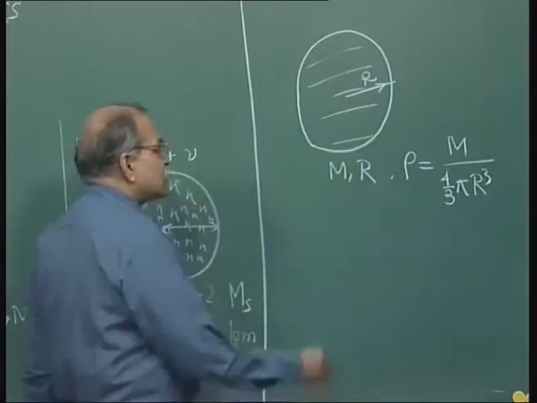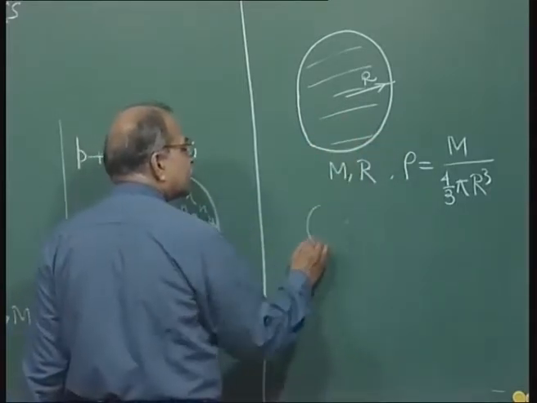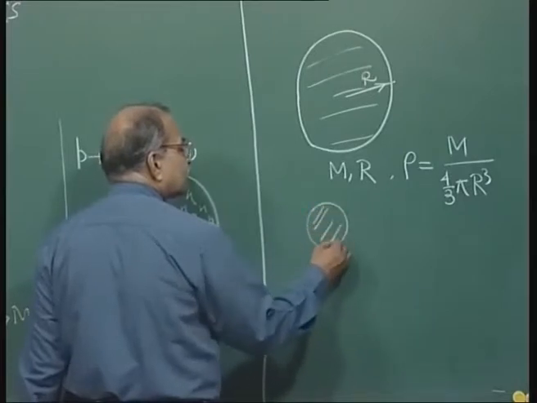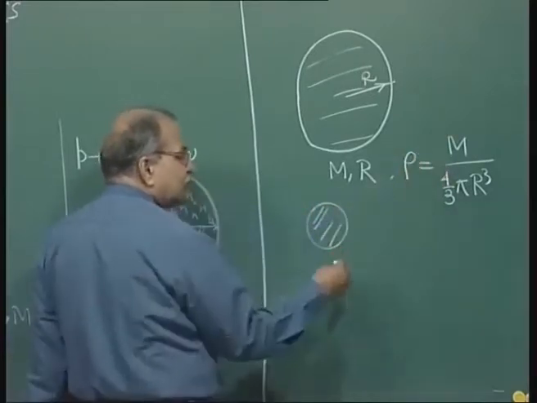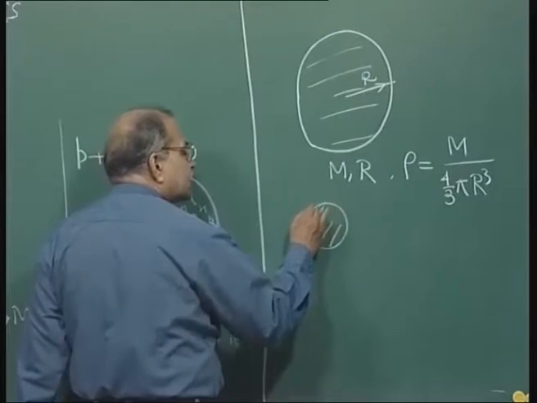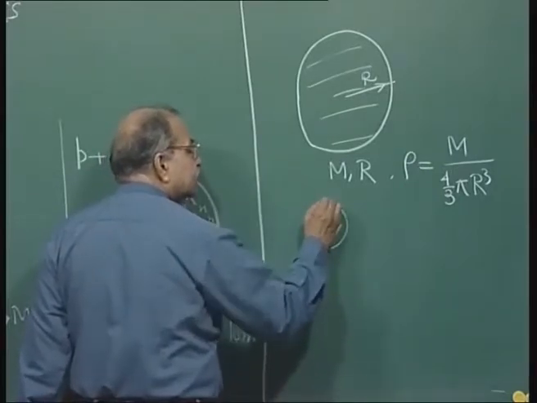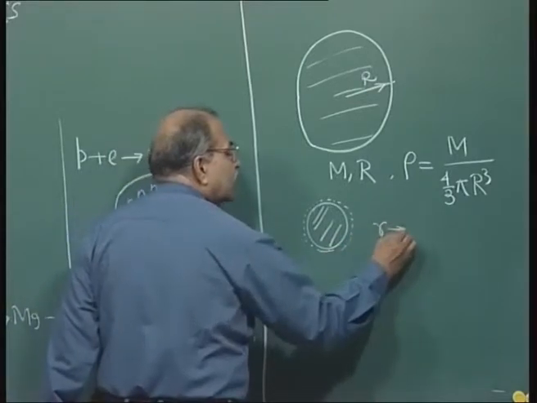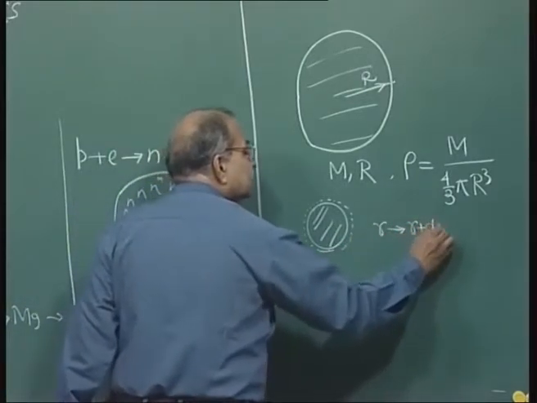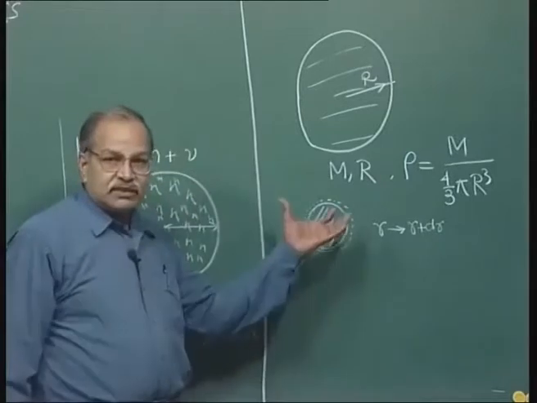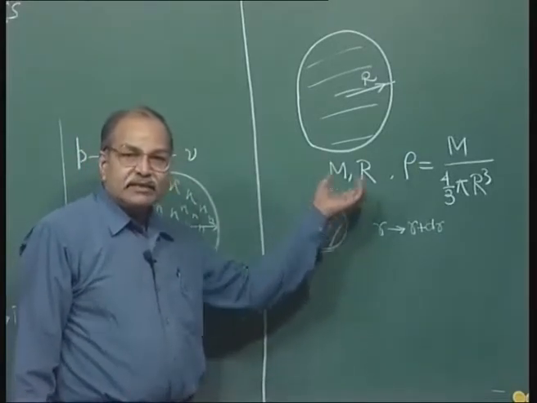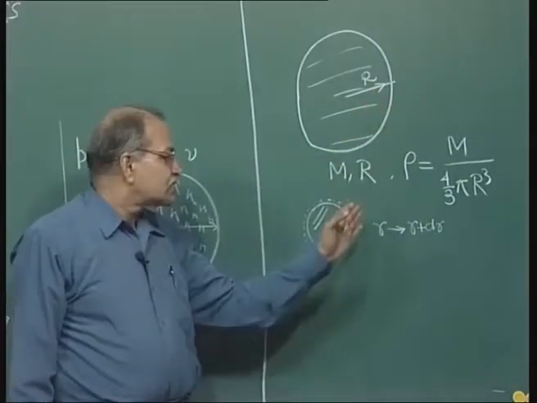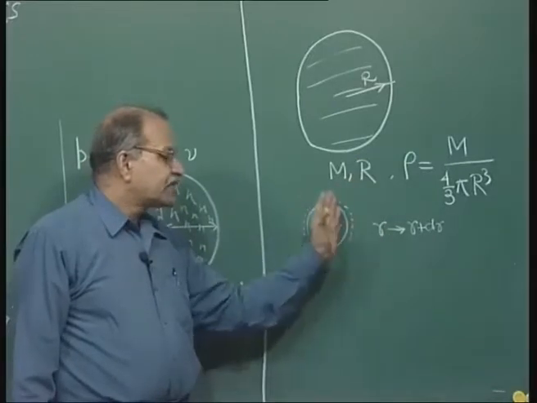So, when the radius is a small r, you bring mass from infinity and put that mass here. So, the radius becomes r plus dr, and see how much work is done in bringing that mass from infinity and putting it here.